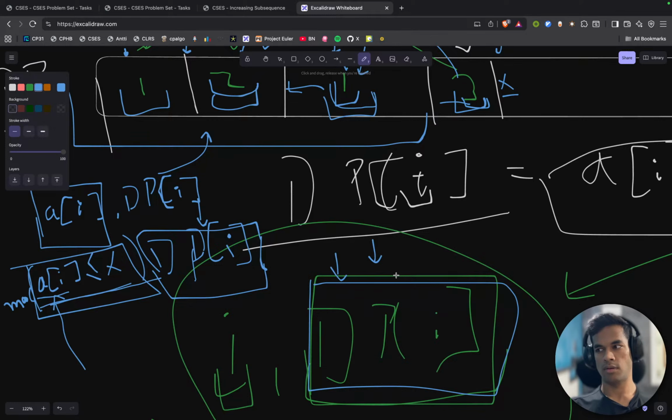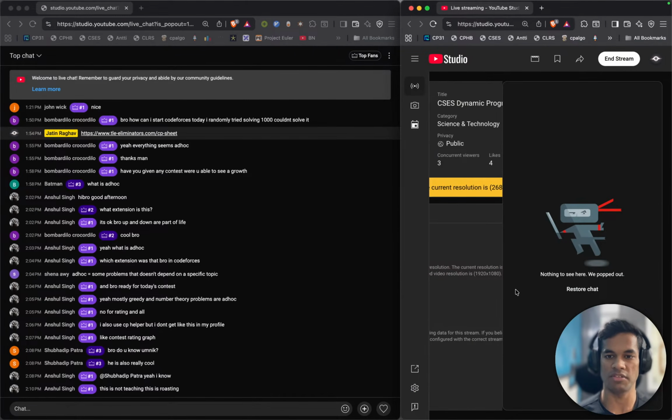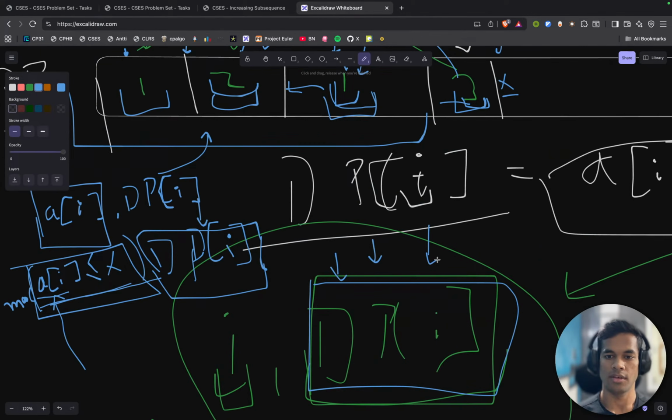This dp table doesn't need to be a vector. This can be anything. This doesn't have to be a fixed vector.